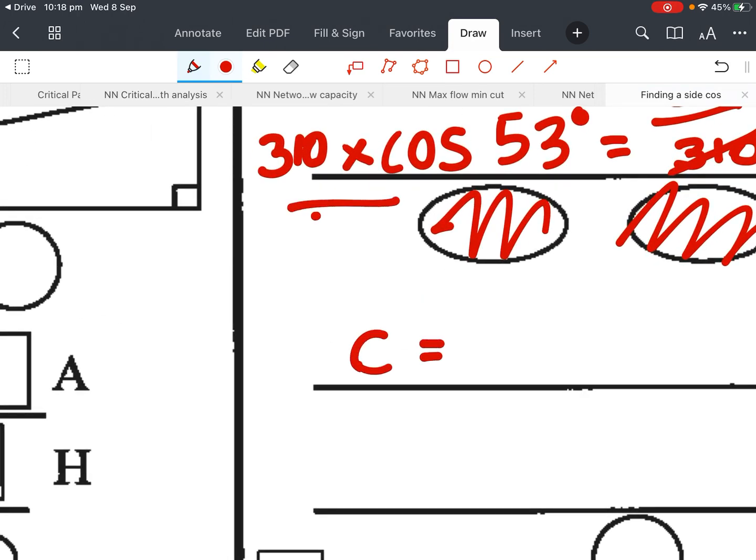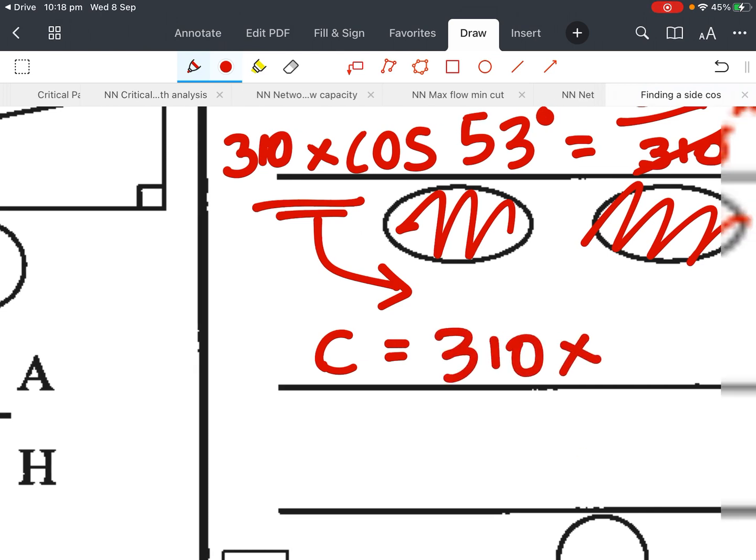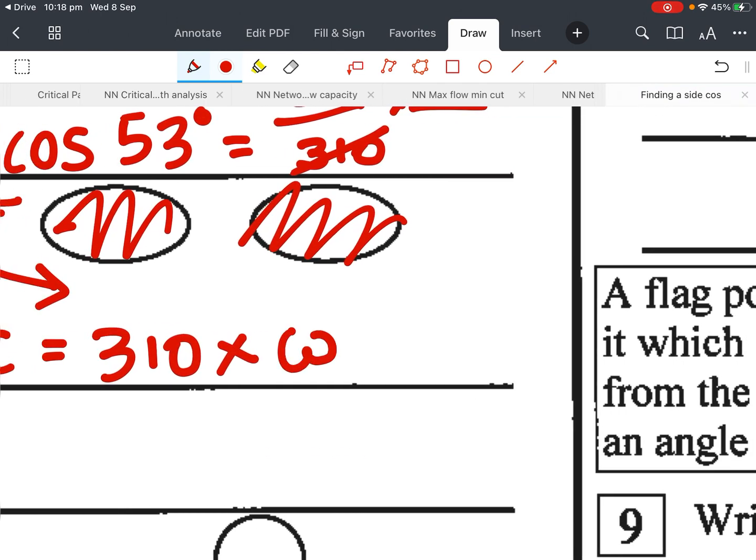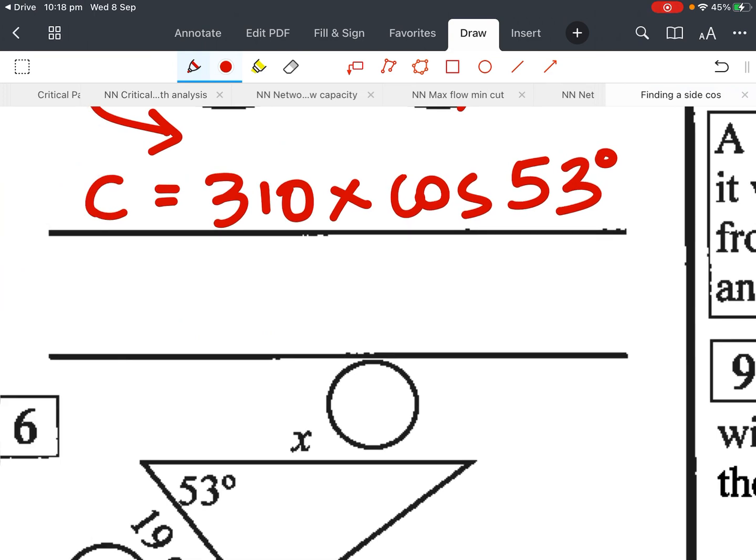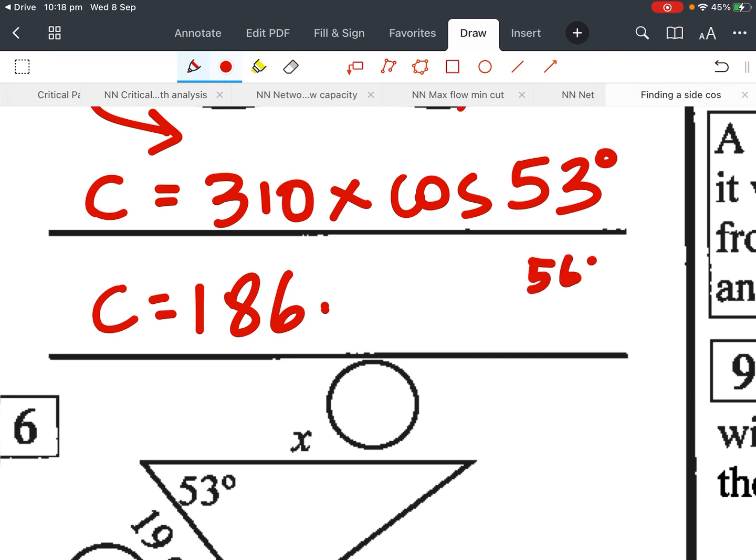and I just rewrite all of this down here, 310 times cos 53. So 310 times cos 53, close brackets, and I get C equals 186 point. Now it says 5626.